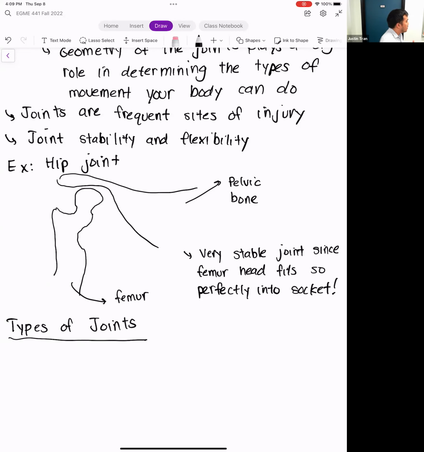And so you actually have a lot of joints that are called immovable joints. Right? These types of joints, just like their name, allow very little movement between the connecting bones, if at all.